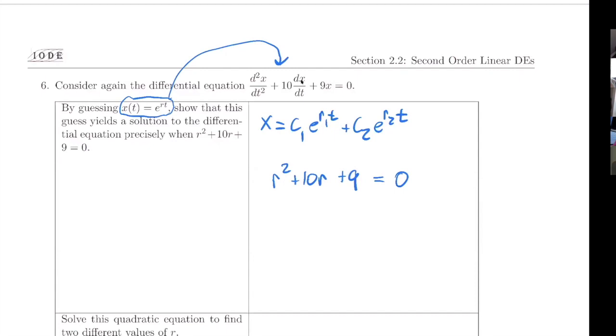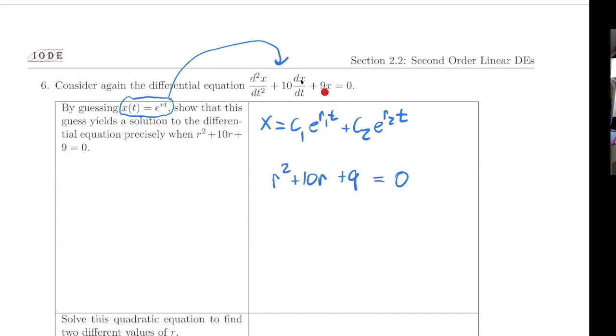Can you say that one more time, Professor? Yeah, so in order to figure out the values of r that would work in the powers of the exponents, we're going to take this differential equation and set up its corresponding quadratic equation below. The coefficient in front of the second derivative becomes the coefficient in front of the quadratic term. The coefficient in front of the first derivative becomes the coefficient in front of the linear term.